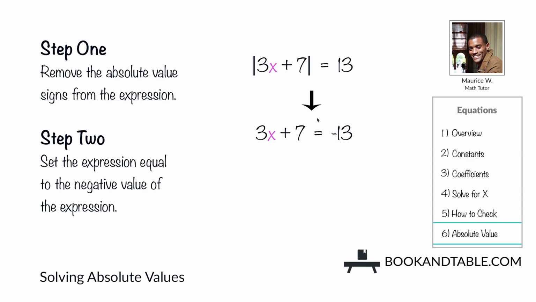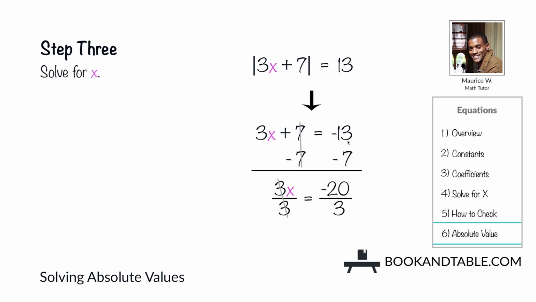And step 2, set the expression equal to the negative value of the expression. So take the positive value that they gave you and multiply it by negative 1. And this is what we wind up with. 3x plus 7 is equal to negative 13. And now step 3, we want to solve for x.